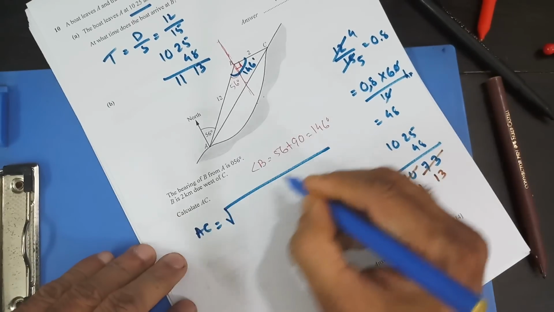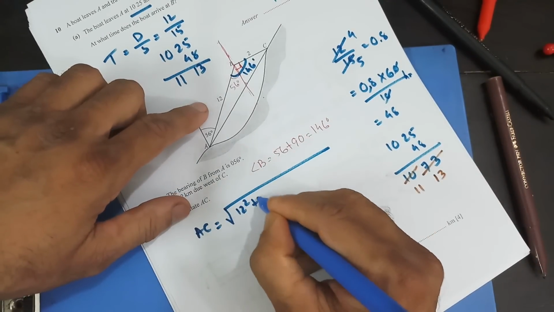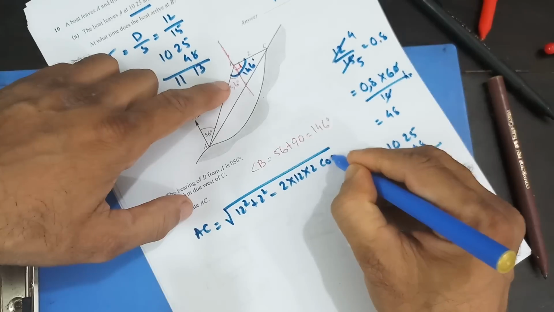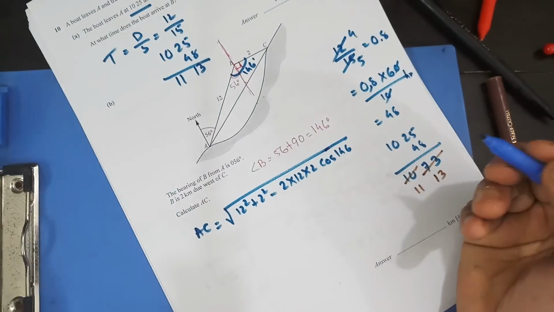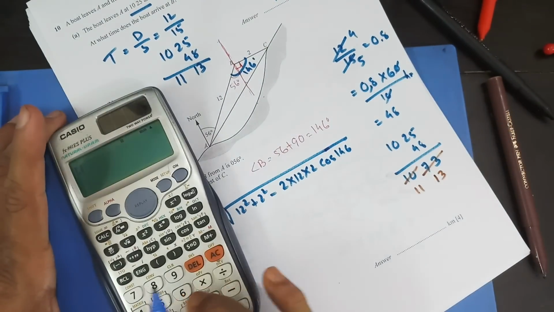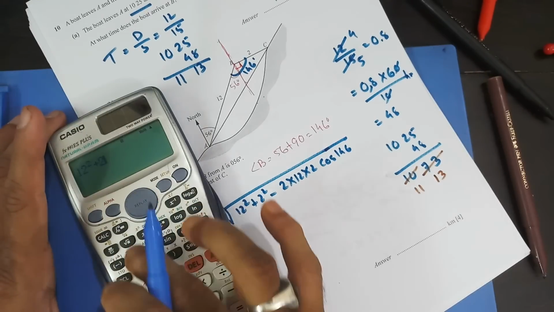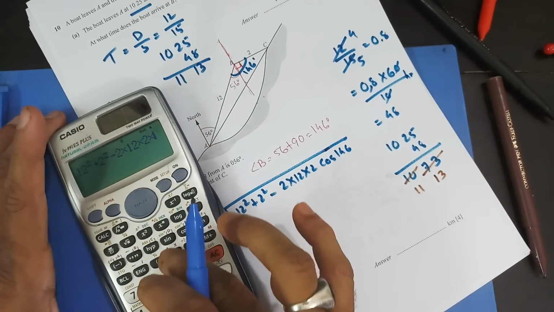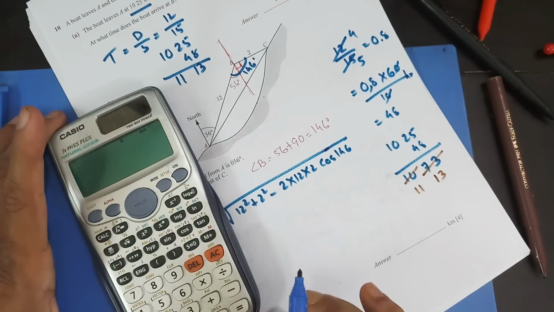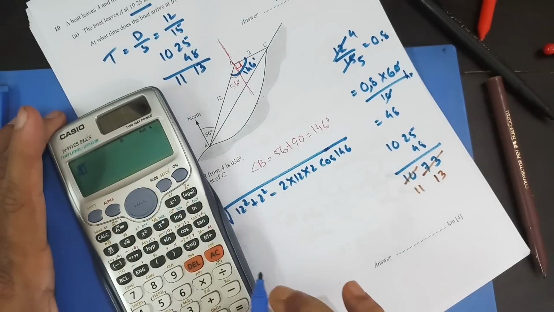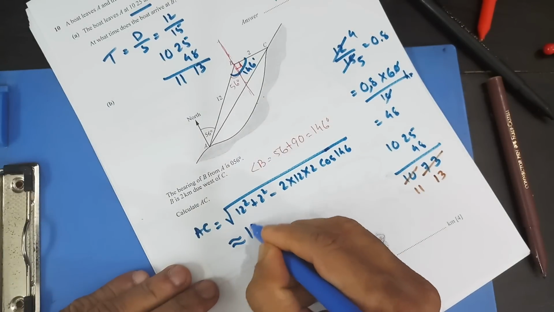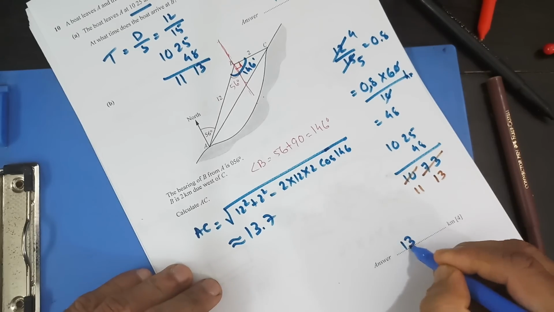AC is going to be the square root of 12 squared plus 2 squared minus 2 times 12 times 2 times cos 146. Let's see what that gives me. Now the square root of that, I got 13.7. So approximately equal to 13.7 kilometers.